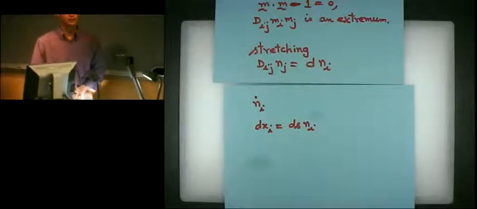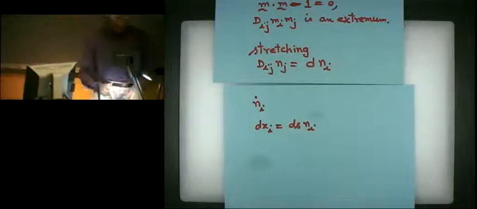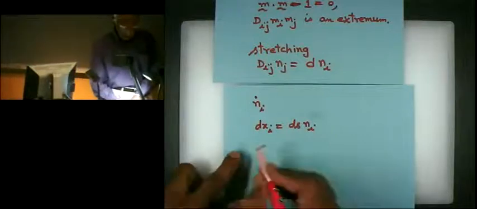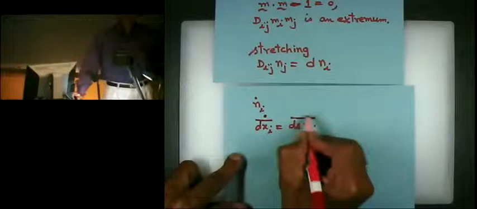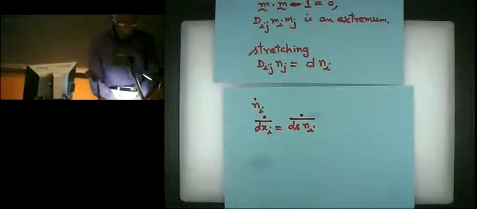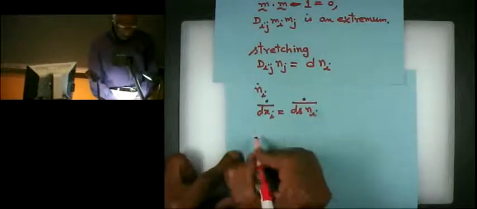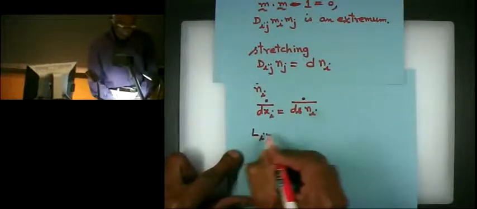What does the spin tensor do? So if you take the time derivative of both sides, on the left hand side we get Lij dxj.